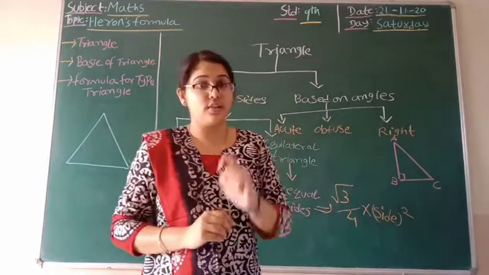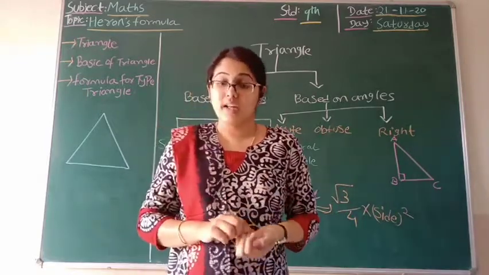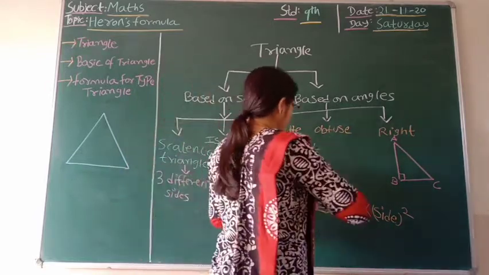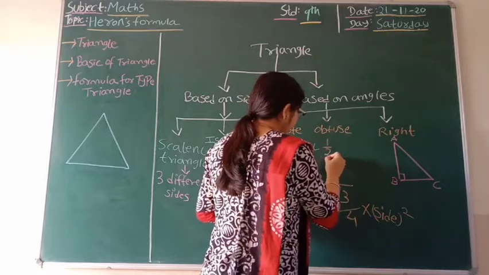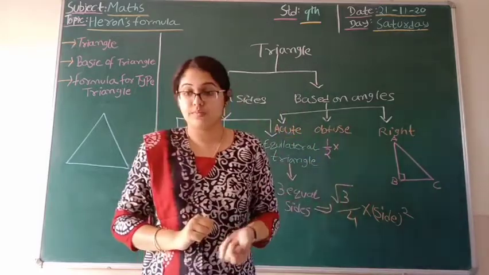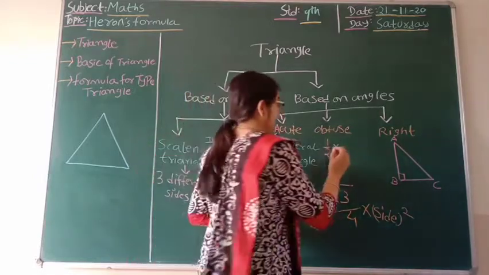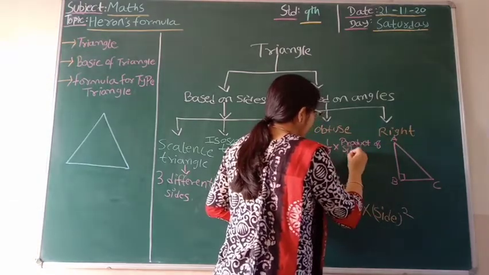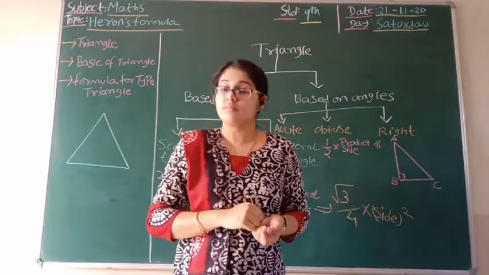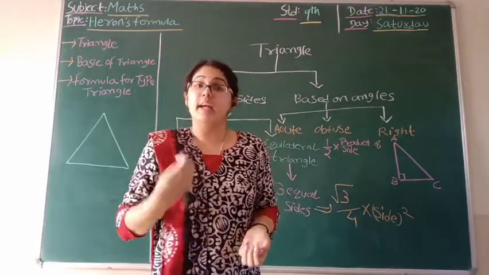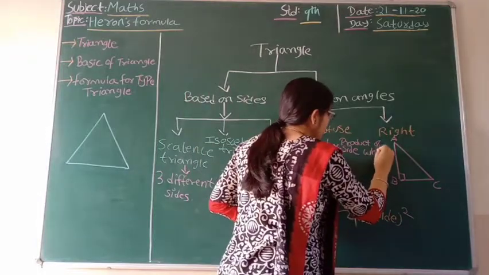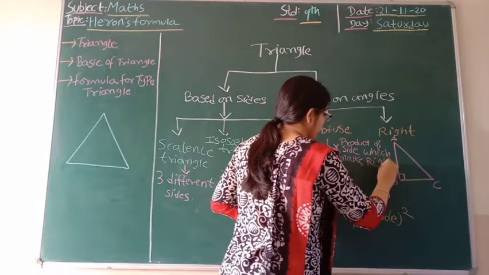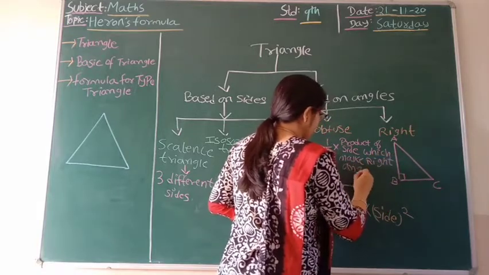The formula is 1/2 into the product of the sides which make the right angle.